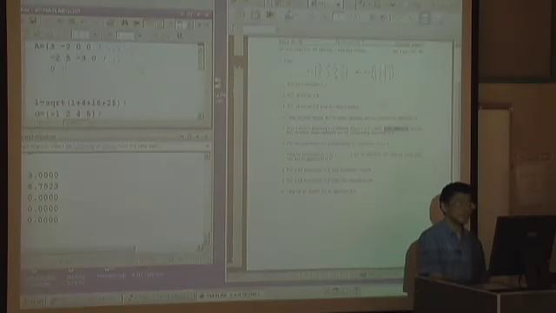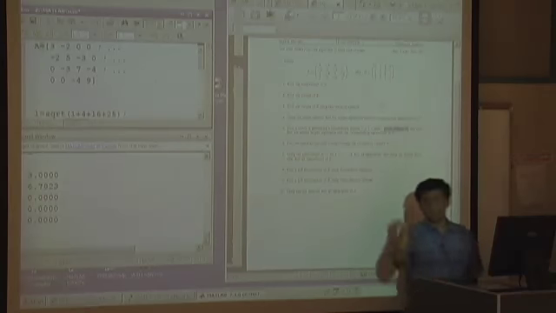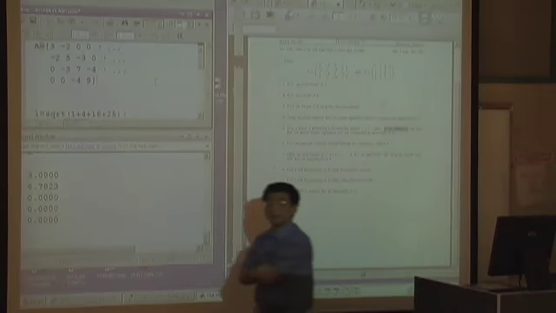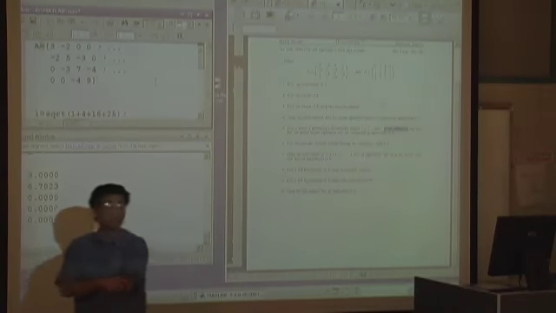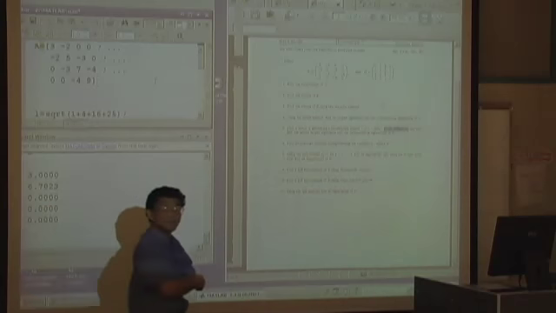Zero, negative 3, 7, negative 4. 0, 0, negative 4, 9. So I defined the A matrix. Any questions?